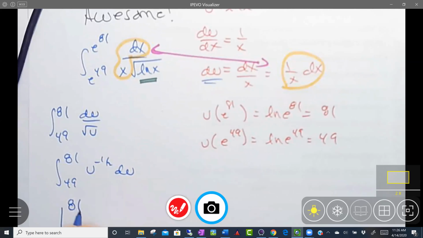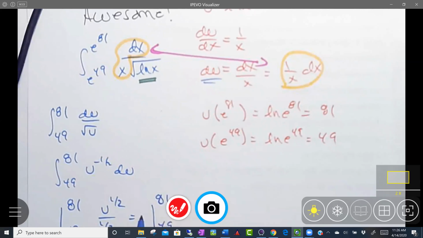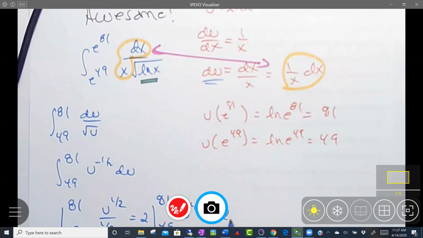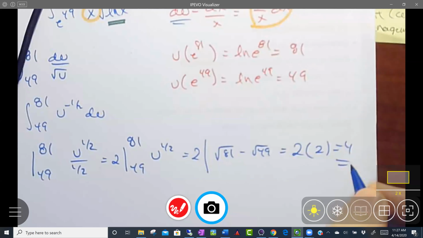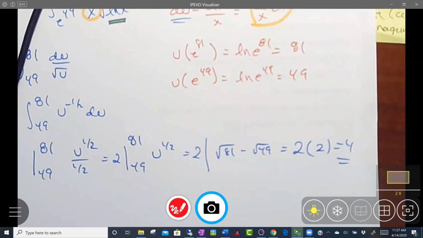It's going to be u to the 1/2 divided by 1/2, and dividing by 1/2 is like multiplying by 2, so twice the square root of u between 49 and 81. So twice the square root of 81 minus the square root of 49 is going to be 2 times 2. So 4. Yay.